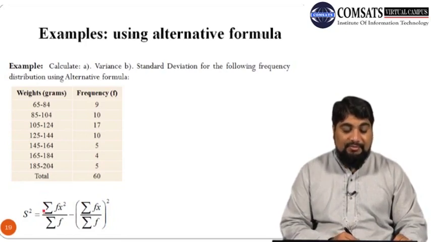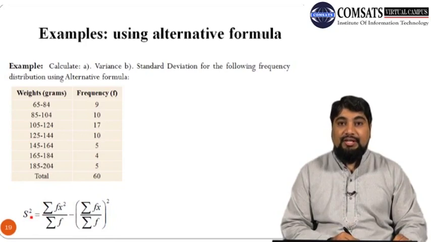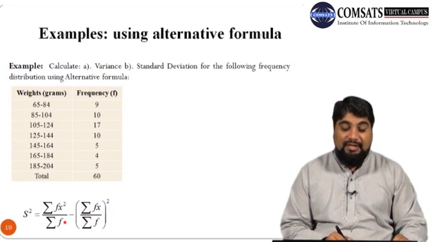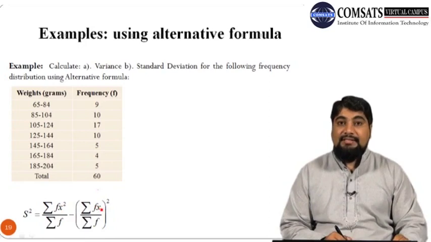Here variance is S square equals summation fx square over summation f minus summation fx over summation f whole square. Look at this formula. X is the midpoint and f is the frequency. So first we need to calculate the midpoint x.